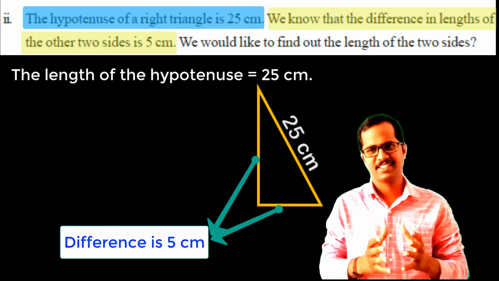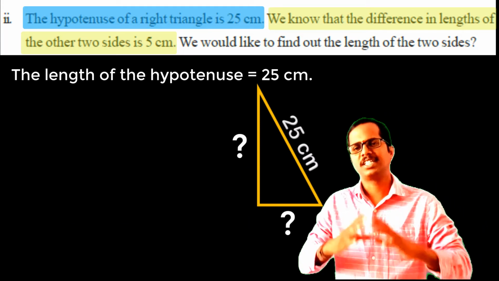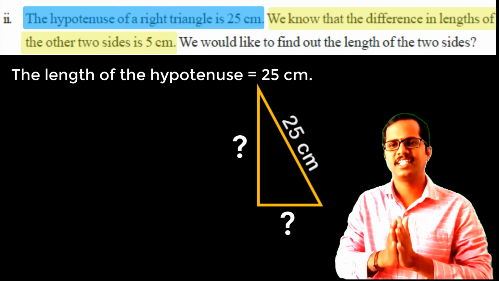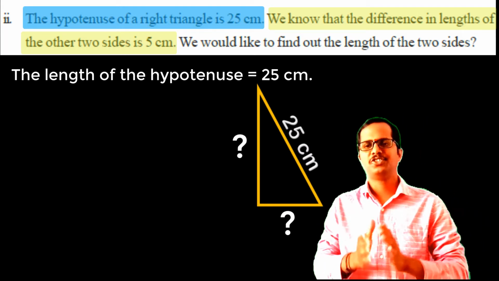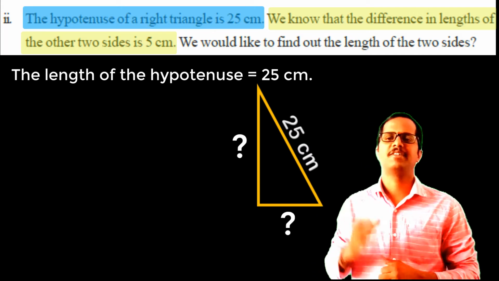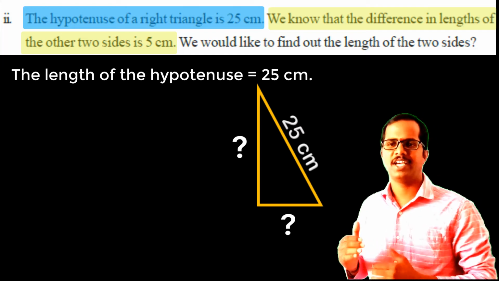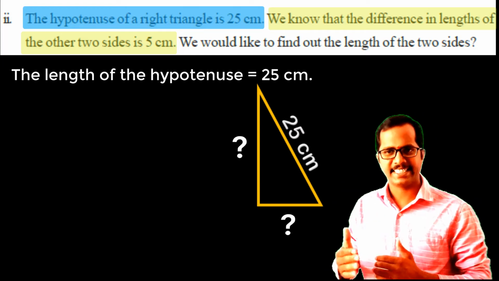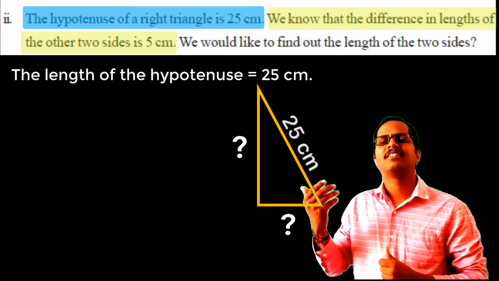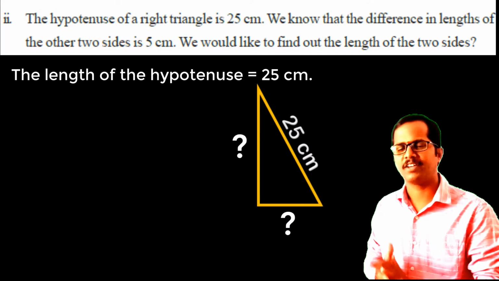So let us express this situation mathematically. For that, what we have to do is assume any one unknown quantity as a variable. So out of those other two sides, if we assume the smaller side as x, then we can say the larger side using that variable, since their difference is 5.